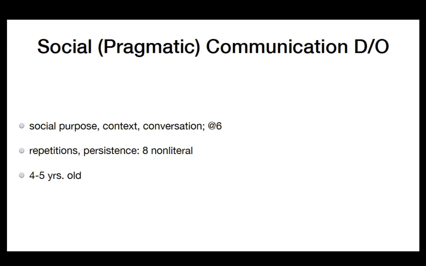With regard to the history of social pragmatic communication disorder, there is that associated feature from the language impairment, which you could also be seeing problems in relation to repetitions of words.